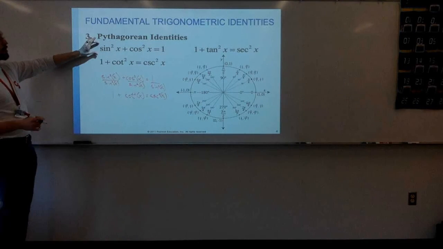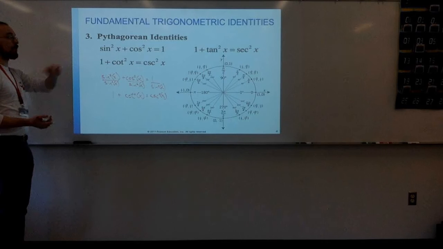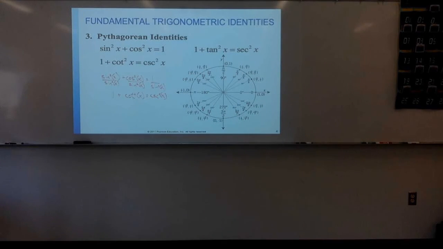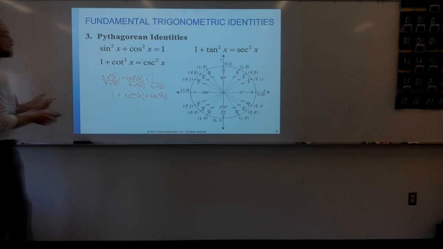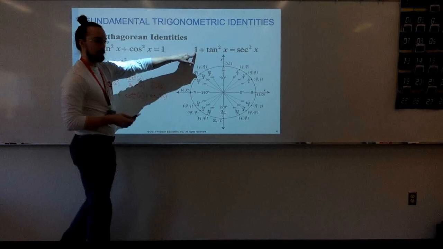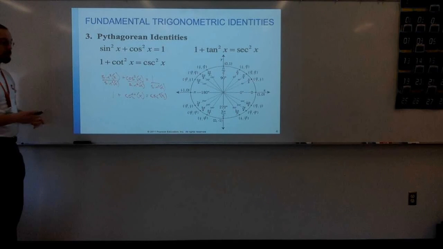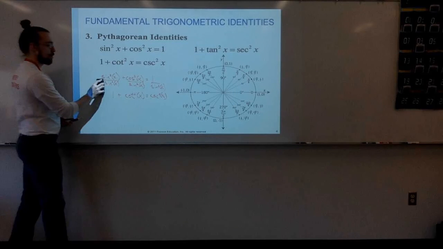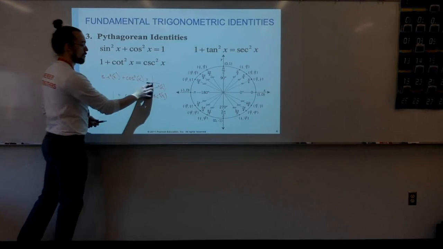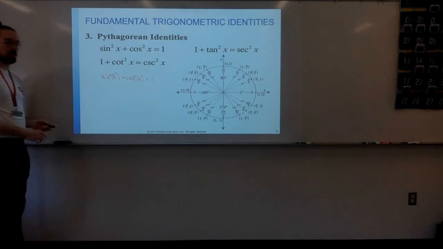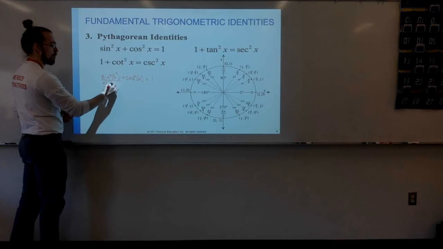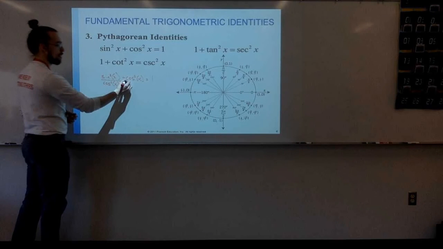All we're doing is taking our original Pythagorean identity and dividing each term by sine squared. We can do something very similar to get this one. I can take my original Pythagorean identity, sine squared plus cosine squared equals 1, and divide everything by cosine squared.